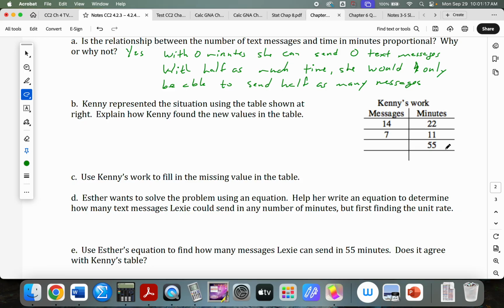Yes, sir. 7 times 5. Yeah, because we have quintupled the number of minutes, multiplied it by 5. So let's multiply this by 5 also, and it would be 35 messages in 55 minutes. Very good.